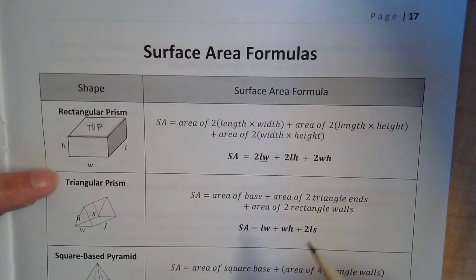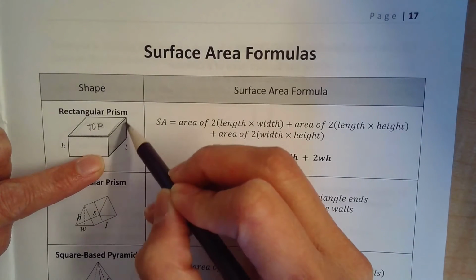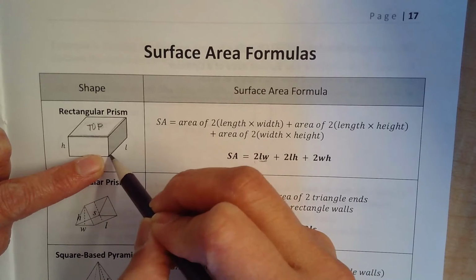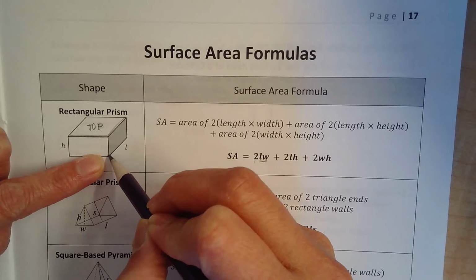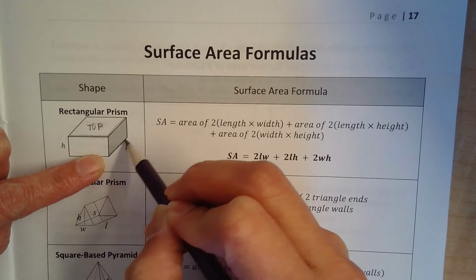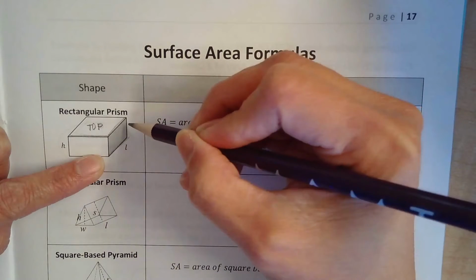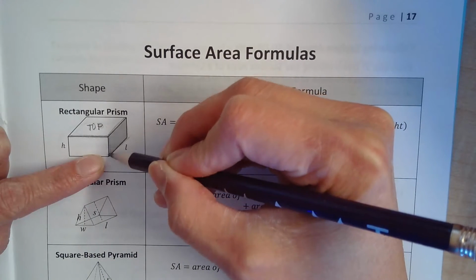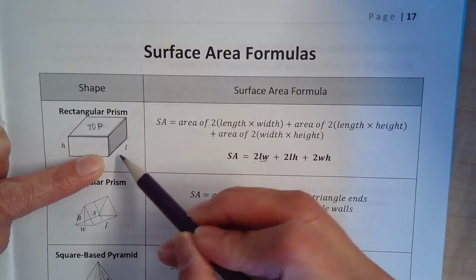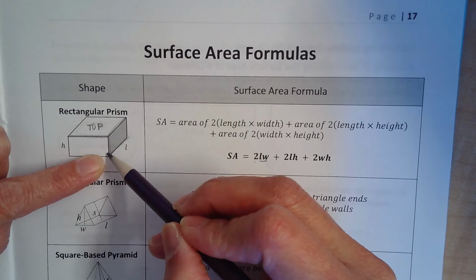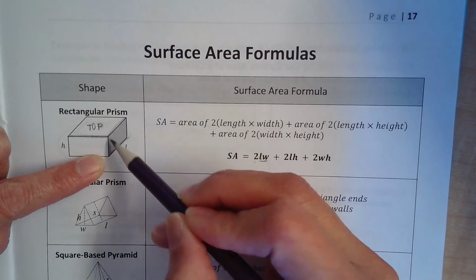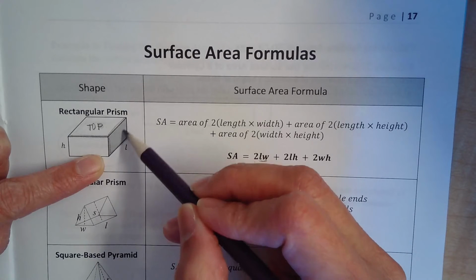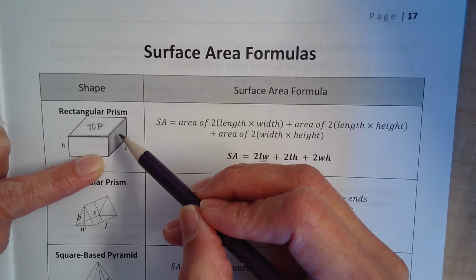Now what about the side? The side is a rectangle. It's length times height. That calculates that rectangular surface there.